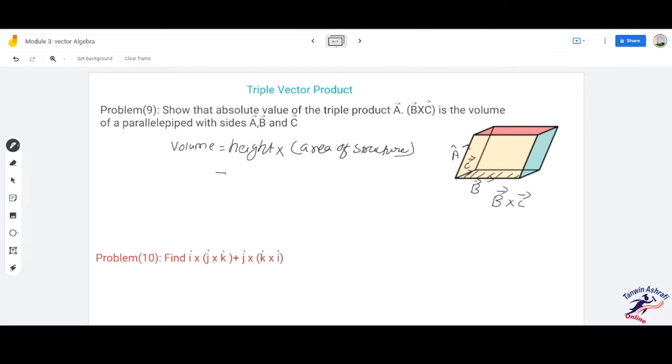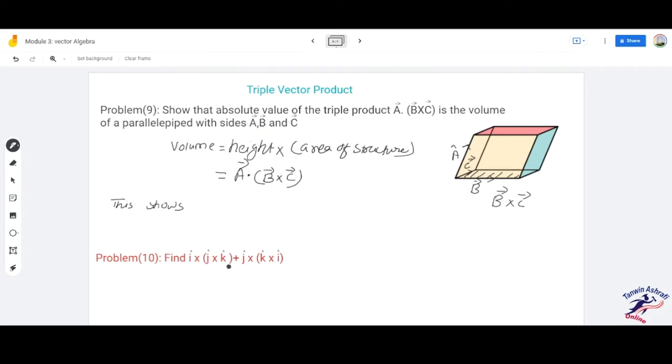So if I write vector A dot multiplied by the area, that is B cross C, the height is multiplied by the area, and that leads us to this equation, the triple product. That means the volume of the parallelepiped is A dot B cross C.